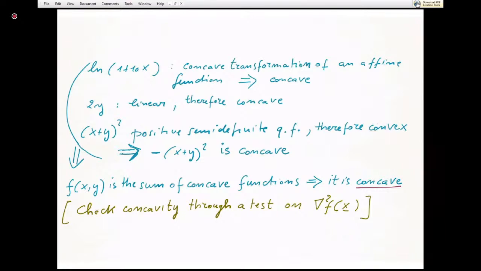Excuse me. Yes? What do you mean by concave transformation? A concave transformation means a concave function of an affine function. A function can also be called a transformation because a function transforms the independent variable or variables into something different.